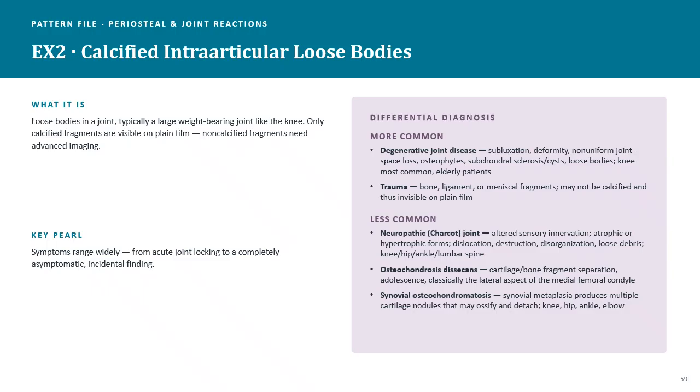Another cause is osteochondromatosis, where we'll see several cartilage nodules form in the joint lining, and then they calcify, and after they calcify, they might break away. Again, these are small fragments inside the joint. If they become calcified, we are able to see them on the patient's x-ray, and some of these calcifications can cause the joint to catch or lock up, and can also cause pain for the patient.